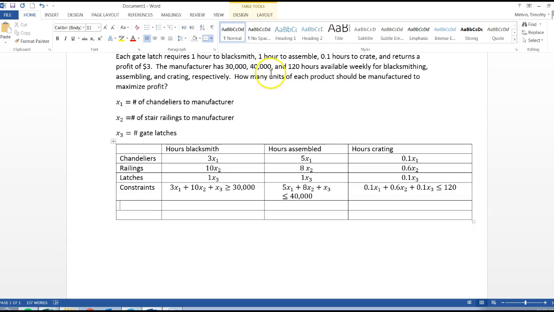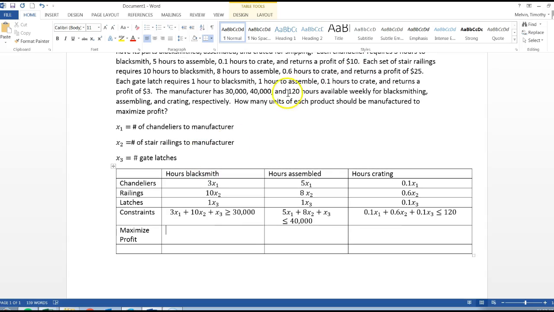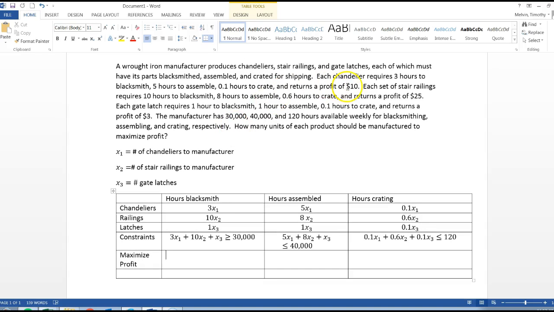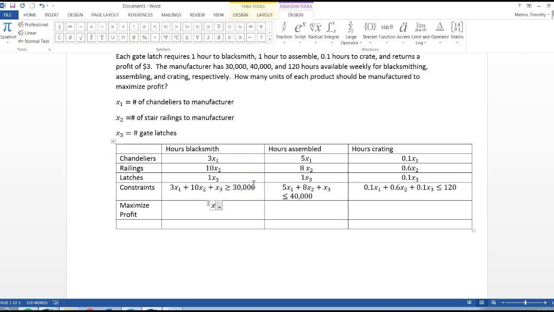Now we need to look at what we're trying to optimize. We're trying to maximize profit. The profit for chandeliers was $10, so I'm going to write 10x1.